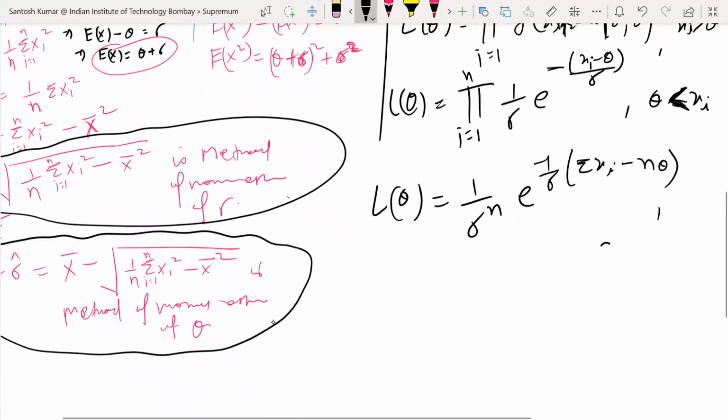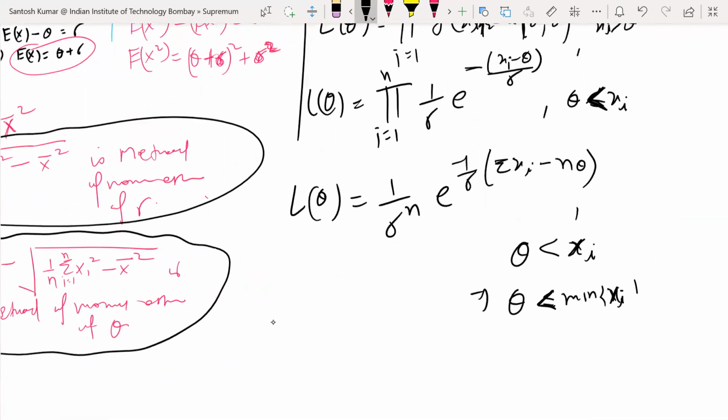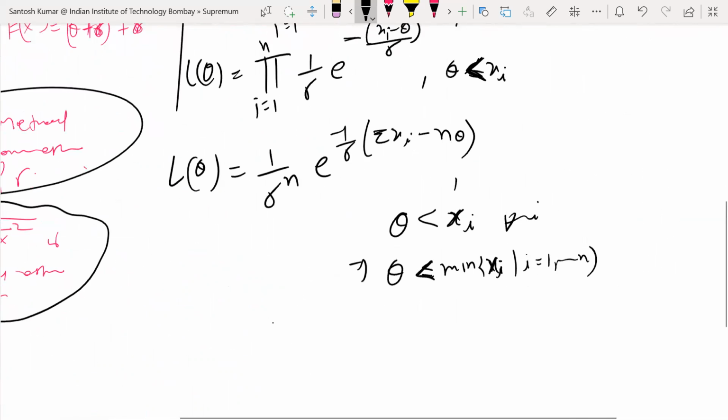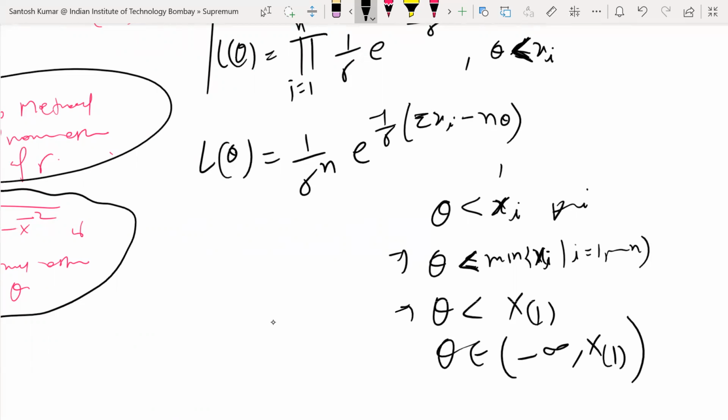This means theta is less than each xi for all i, so theta is less than the minimum of all xi, i from 1 to n. This is the first order statistic, so theta belongs to minus infinity to x(1).